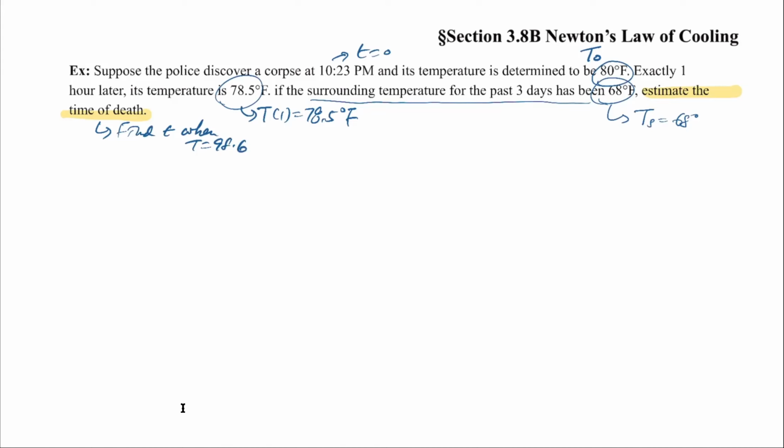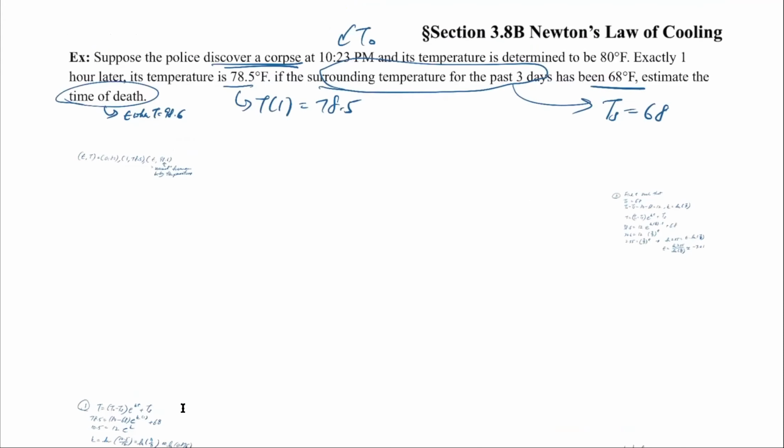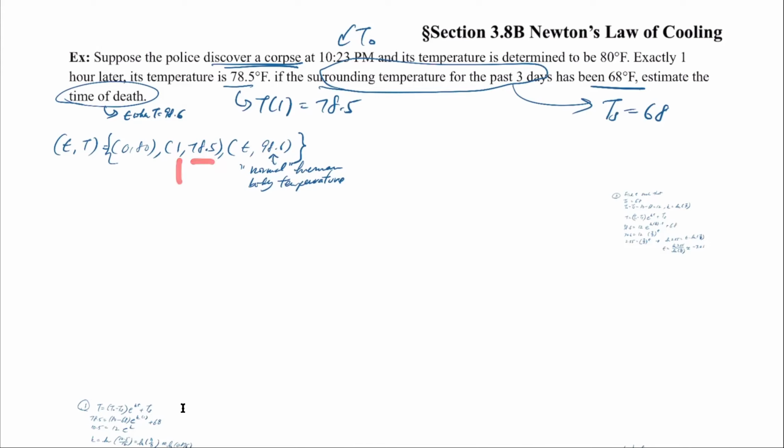All right, guys, so let's do this. Let's put all the temperatures together like this. So we have small t, capital T, listed over here, all the important ones. At time 0, my temperature was 80 degrees Fahrenheit. An hour later, 78.5 degrees.